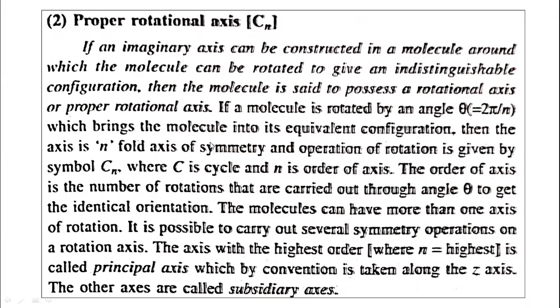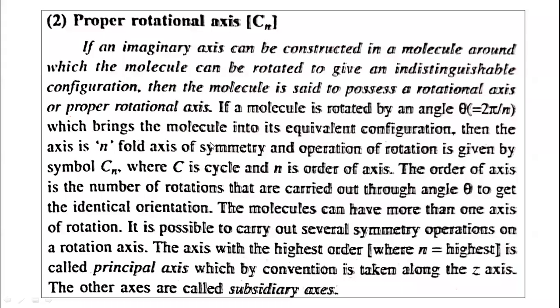So a proper rotational axis or axis of symmetry is a line along which we rotate the molecule, and if we get an indistinguishable configuration or equivalent orientation of that molecule, then the molecule is said to possess a proper rotational axis.